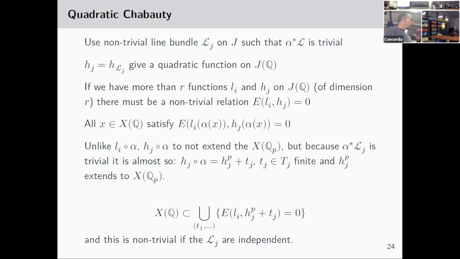I only need one equation, right? One equation would suffice to cut down to a finite number of things. Here there's a condition that there are more functions than R. That's the essential condition. If R was very big, then Chabauty would not be able to handle it.